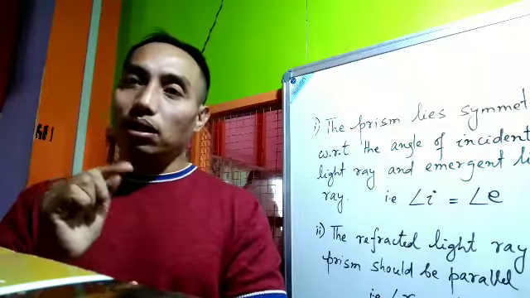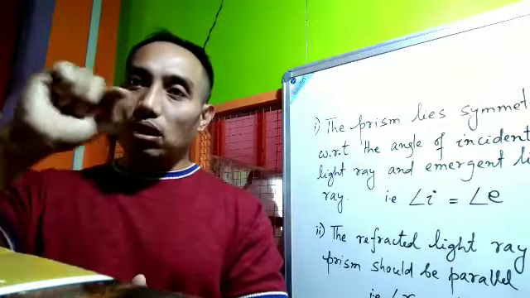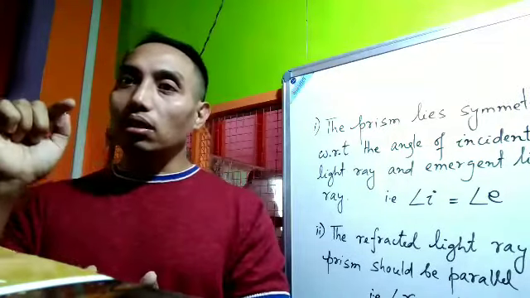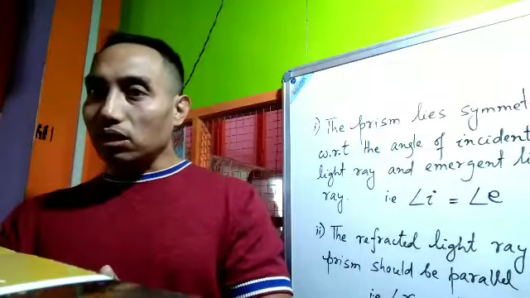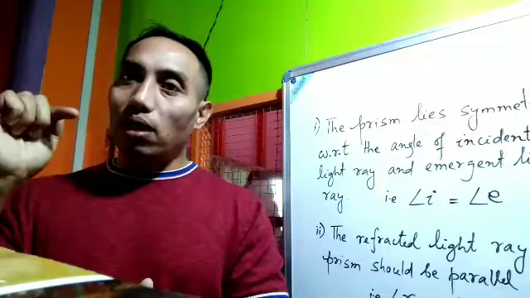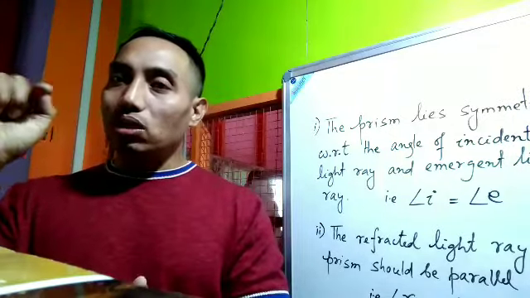Angle r1 is the angle of refraction at the first refracting surface of the prism, and r2 is the angle of incidence at the second refracting surface formed by the refracted light ray inside the prism.